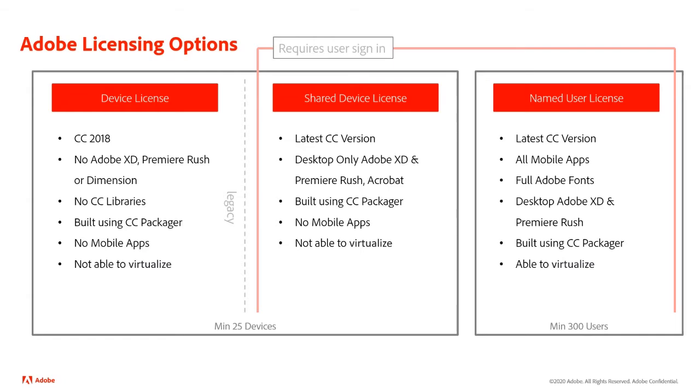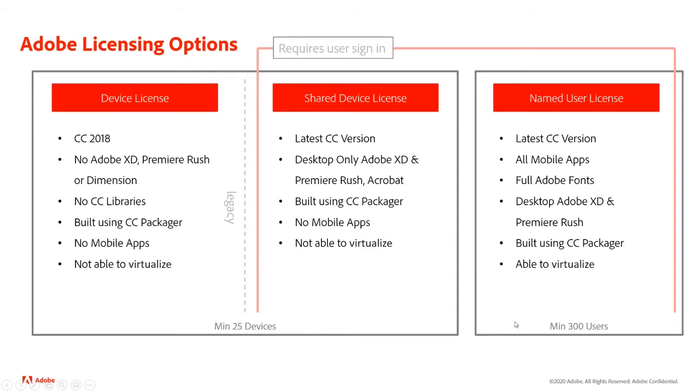When we've got new apps like Photoshop on the iPad or Illustrator on the iPad, you can't access these with a shared device license because you license it per device. And again, you're not able to virtualize this method. There is a minimum purchase threshold of the device licenses of 25, so a minimum number to purchase. You can purchase anything above that. It's not a pack, it's not a 25 pack.